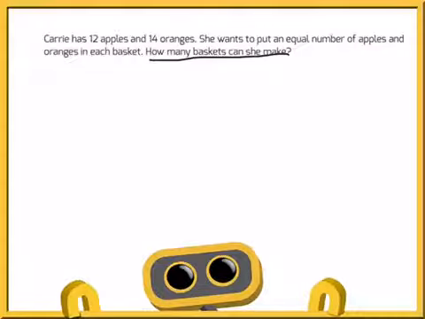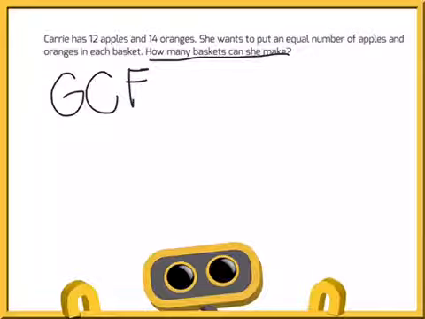Now there's a reason why I worded it, how many baskets can she make? I know I'm going to be taking these two numbers and splitting them up evenly. So I know that I'm going to be finding GCF for 12 and 14. What's difficult is some of you might have thought I would have asked how many fruits can go in each basket.